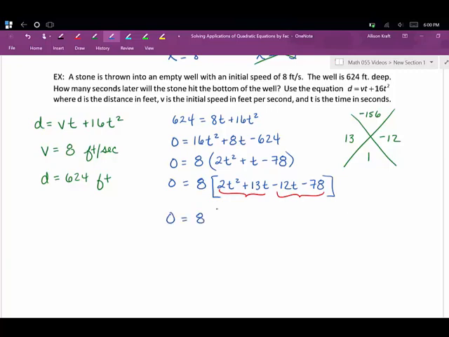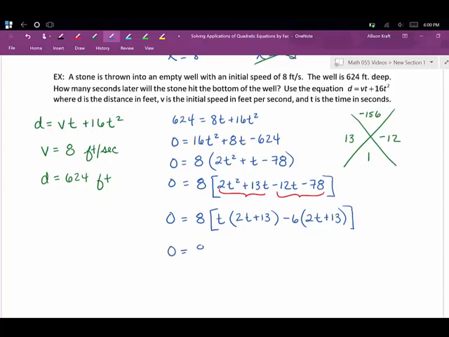The greatest common factor out of our first two terms is t, leaving us with 2t plus 13. The greatest common factor out of our second two terms is a negative 6, leaving us with 2t plus 13. There's that common binomial factor that lets us know we're on the right path.